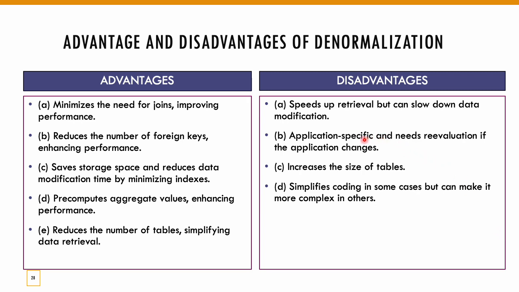The application is specific and needs re-evaluation if the application changes. Denormalization is often tailored to specific application needs. If the application requirements change, the denormalized structure might no longer be efficient or suitable because it requires further adjustment to the database.